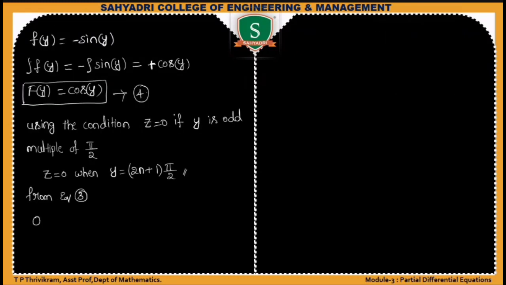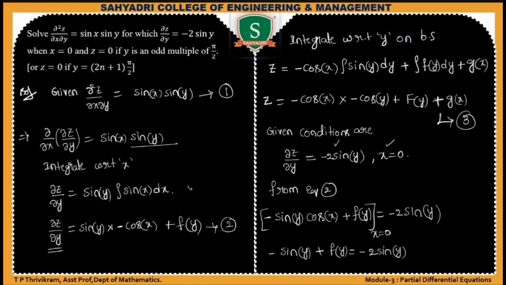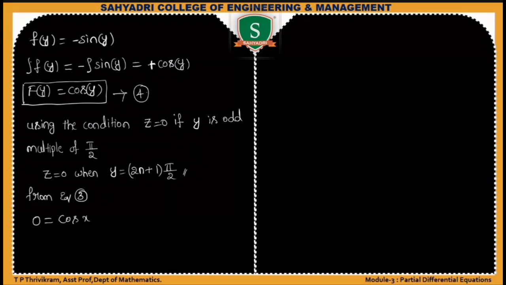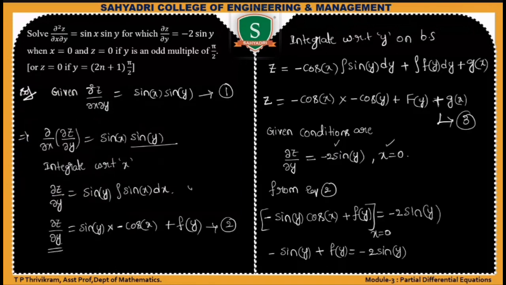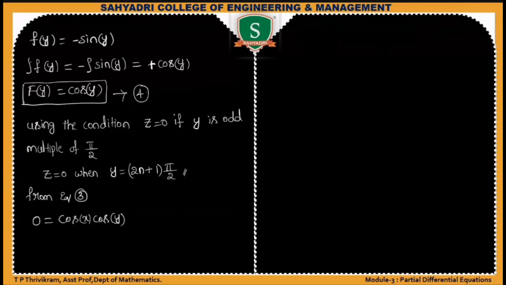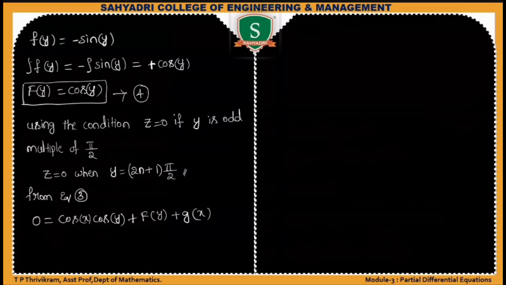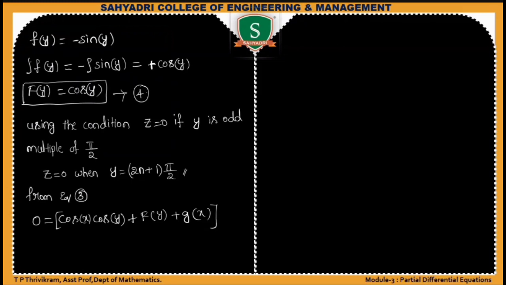So 0 equal to minus of minus, you'll get plus cos x into cos y plus capital F of y plus g of x. This function is at y equal to (2n+1) pi by 2.